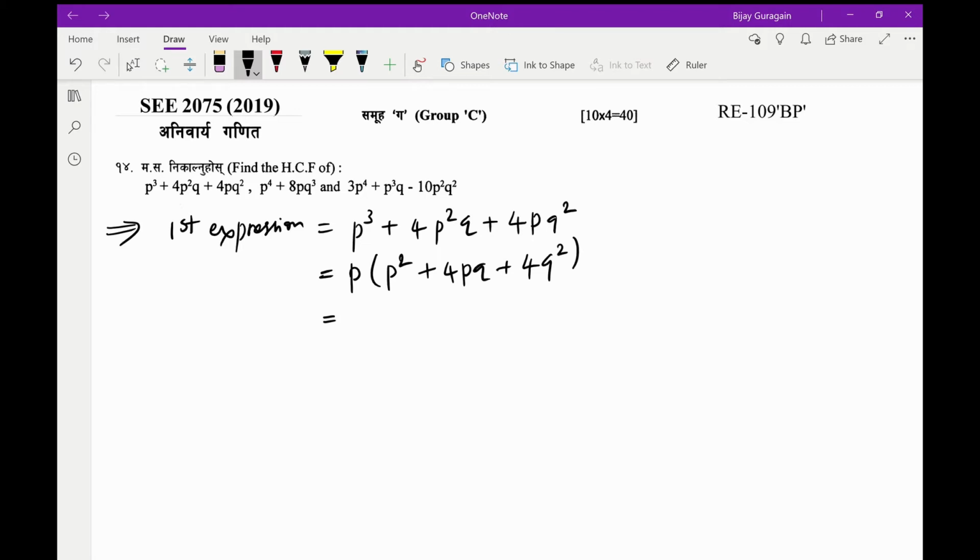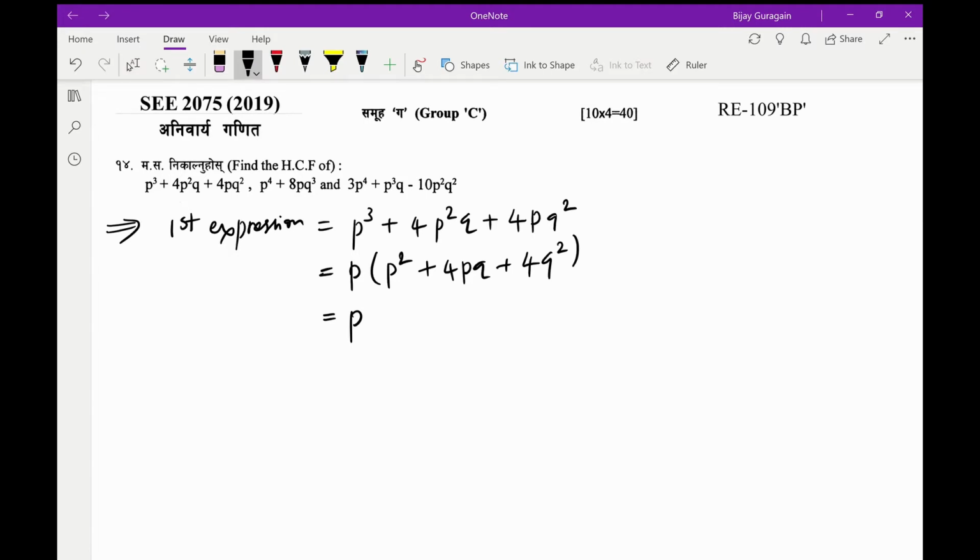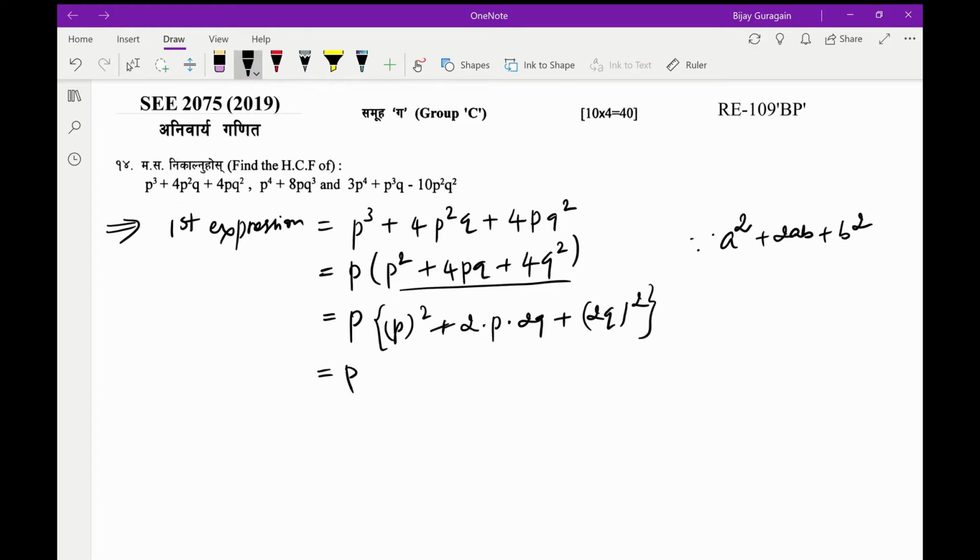From here, this is in the form of a² + 2ab + b². Here p² + 2 into p into 2q + (2q)², that is a² + 2ab + b², which equals (a + b)². So we can write p plus 2q, whole square.